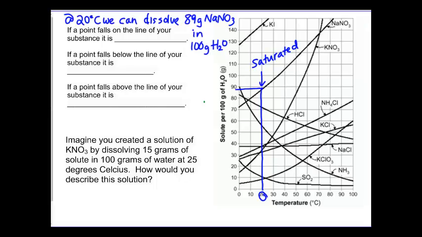But let's say at home you made a solution and you only dissolved 60 grams. Let's say you're here, okay? You're below the line for NaNO3 at that temperature. That's not saturated. You've only dissolved 60. We would say if you're below the line, you've dissolved less than you can, right? And your substance is unsaturated.